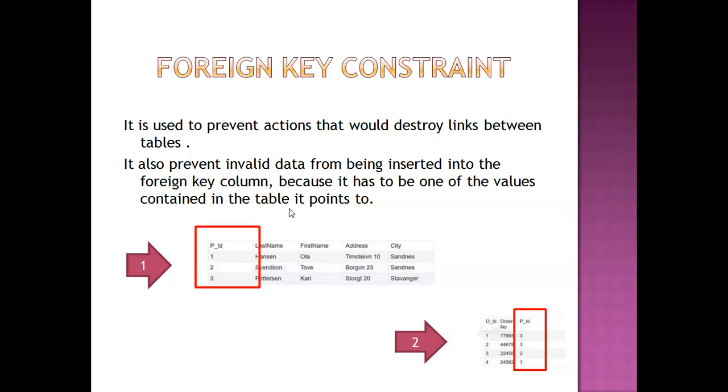If I see PID 1 in table number one, I already have data against 1: last name, first name, address, and city. In the second table, I can see against PID 1 the order number and order ID. Based on this, I can make a connection between two tables and get information from both, based on one common foreign key column. Got it?